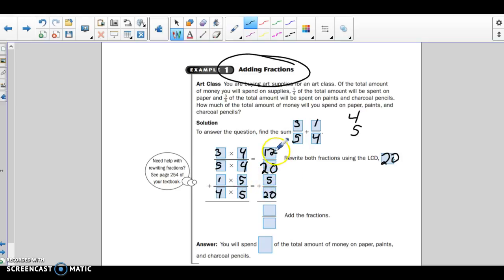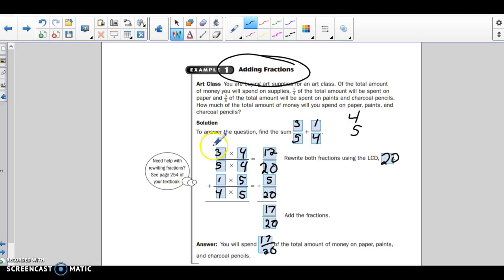How can we add them? What is 12 and 5? 17 over 20. So how much will he spend of the total amount on all the supplies? 17 twentieths. Does the denominator change?